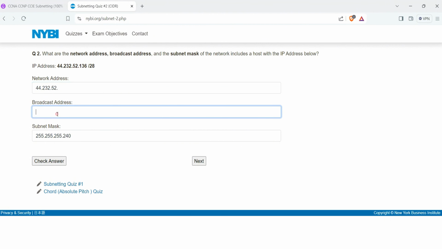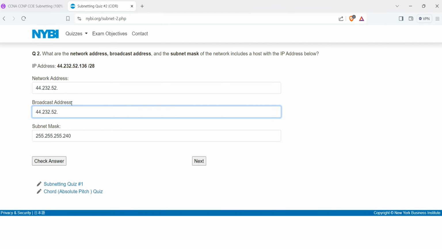44.232.52 dot. Right? 44 dot what? 232.52 dot. Now, where does 136 fall under? Okay, I am jumping by what? Okay, 128, 64, 32, and 16. My jump start is actually 16. Since my jump start is actually 16, where does 136 fall under?